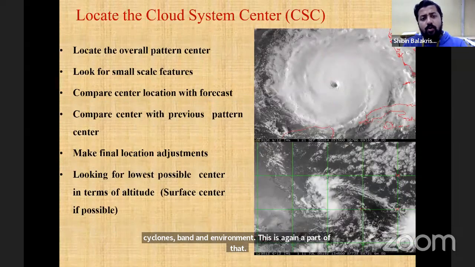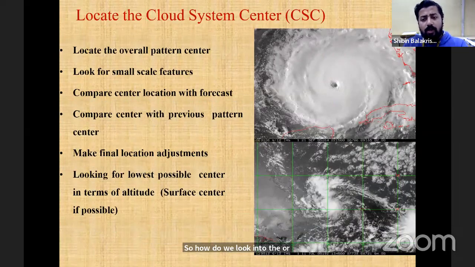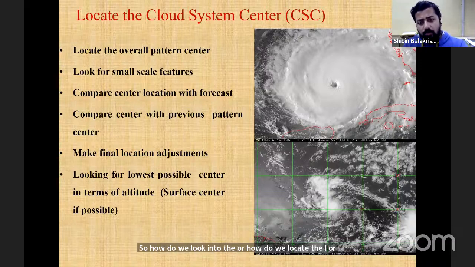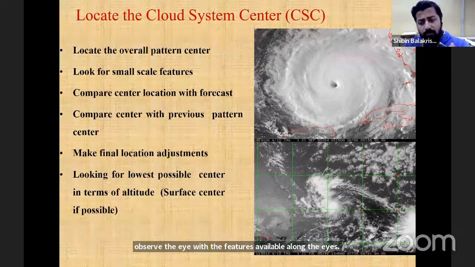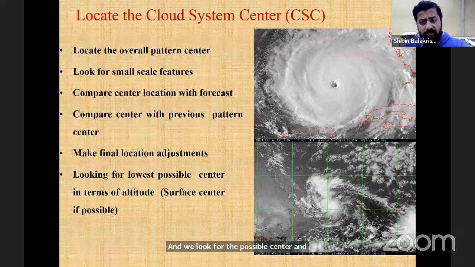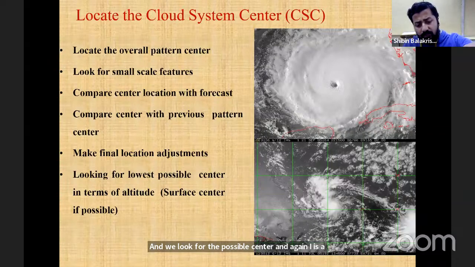So how do we locate the eye, or get the cloud system center? These images I've taken for visual representation, where you can see the eye. You observe the eye with the features available along it, and we look for the possible center. The eye is a pattern we get when the system is mature, or completely intense.